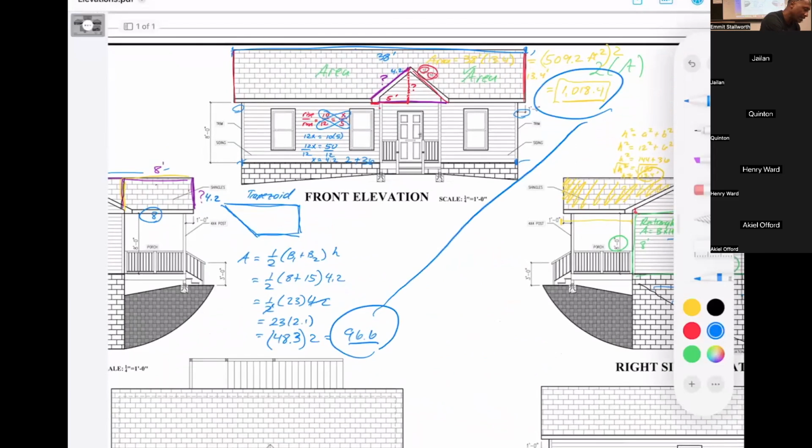That's going to give me 1,115 feet squared. This is how many square feet are on that roof in all, which is equivalent to just about 11 squares. Or I'll just go ahead and round up to 12 squares on that roof. 12 squares of shingles.